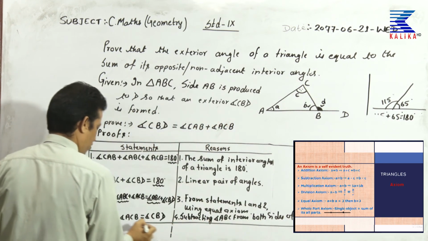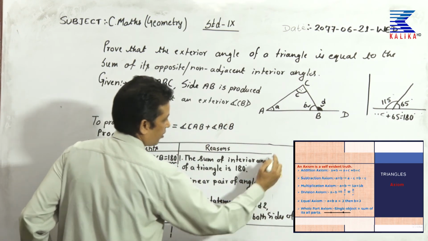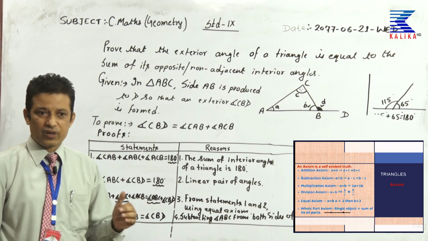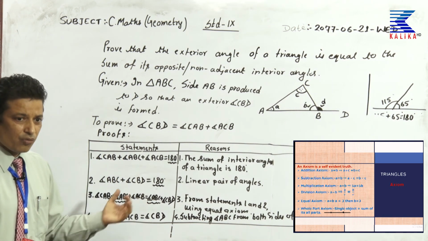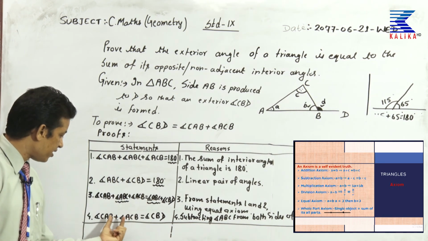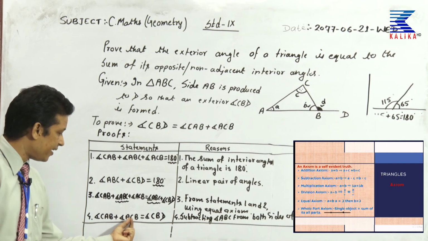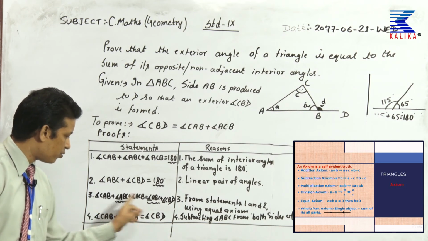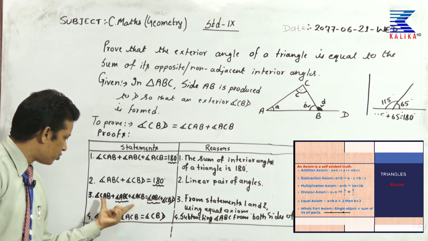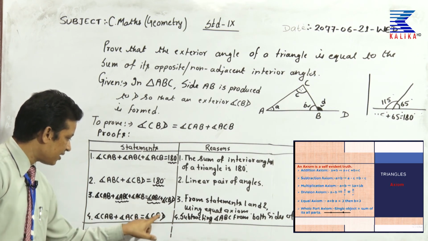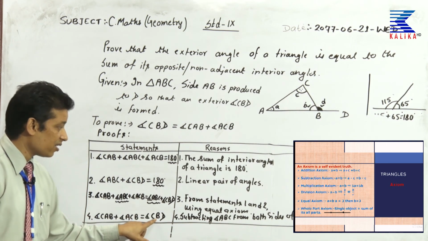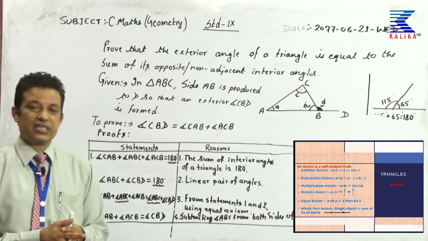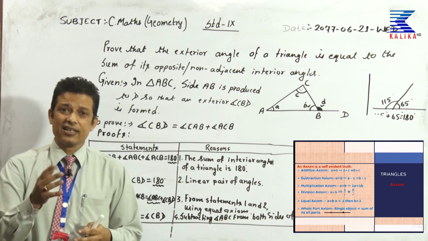Look, this way we have proved it. Look, what we did here? This angle ABC is subtracted from both sides, and we got angle CAB and angle ACB on the left hand side and angle CBD on the right hand side. So, I hope you have understood this fact as well. This is the second theorem.